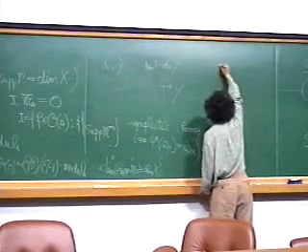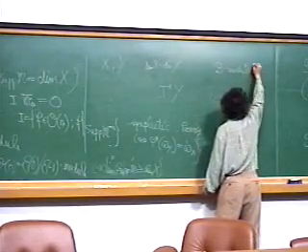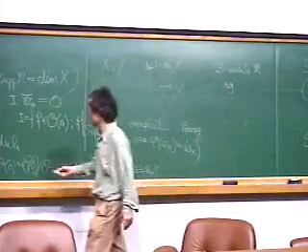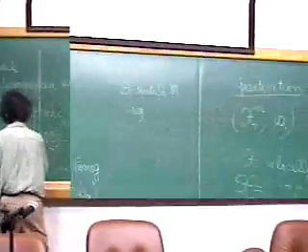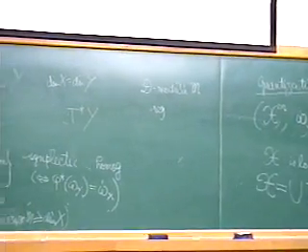So the D module M is called regular holonomic. I didn't say the conclusion. So if it satisfies this condition, we say that M is regular holonomic.